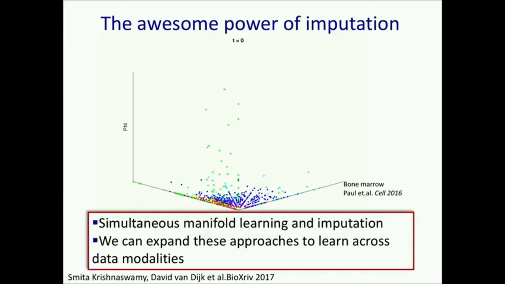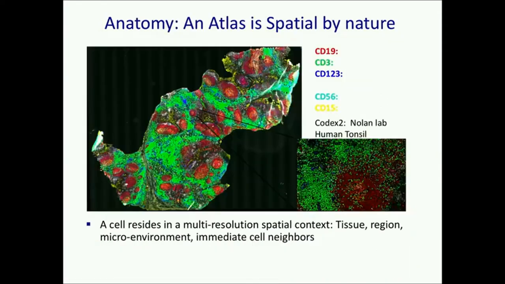We can impute not only within single-cell RNA-seq, as I sort of showed here, how the animation worked, but also across data modalities. And here I stole Gerry's slides, as you can notice in the speaker before me. I really think that space is a critical component of the atlas.